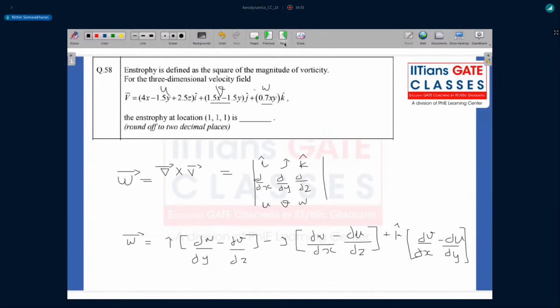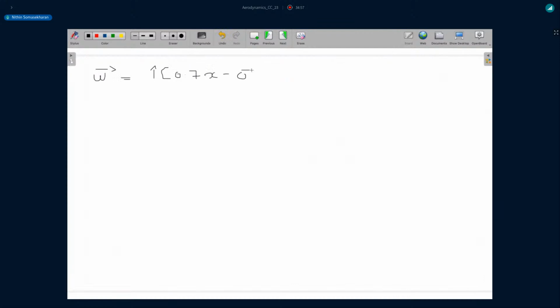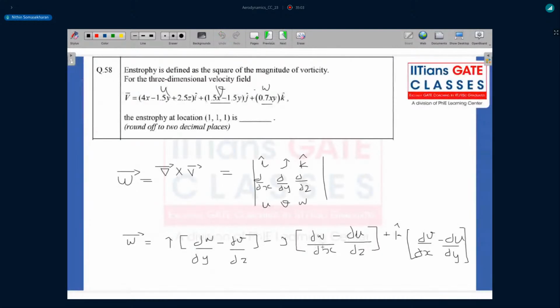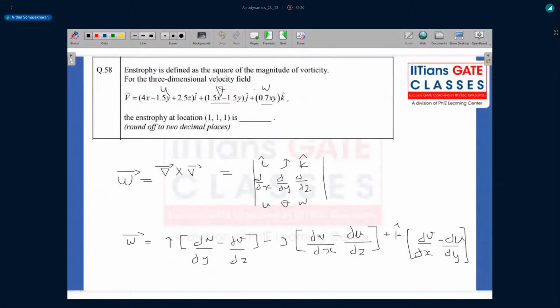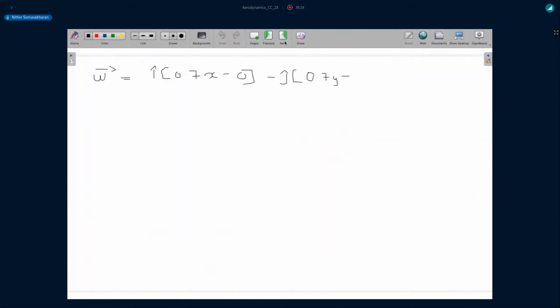Because v is not a function of z. So this is 0. I have minus j times dou w by dou x. If I differentiate w with respect to x, I get minus 0.7y. Right? And then minus dou u by dou z. If I differentiate u with respect to z, I get plus 2.5.